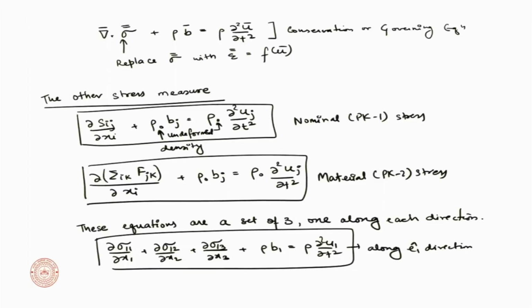Now from this we have come to see that we need an expression which can relate the sigma to the strain or to the displacement. So there is a requirement from the conservation equation, or the governing equation.